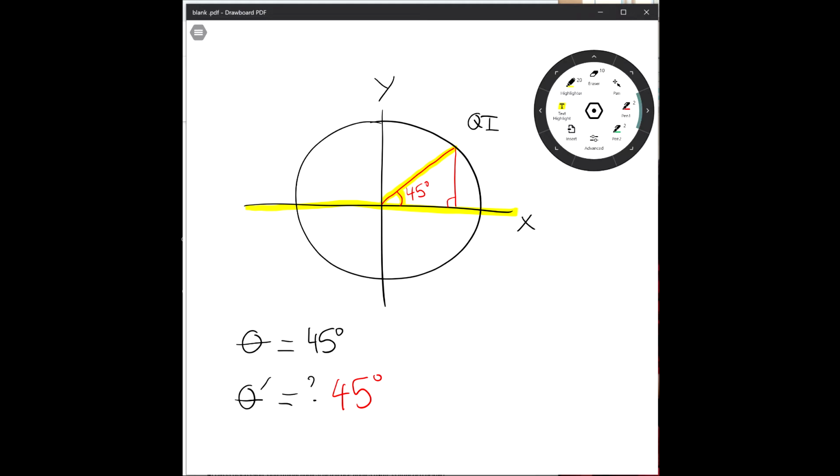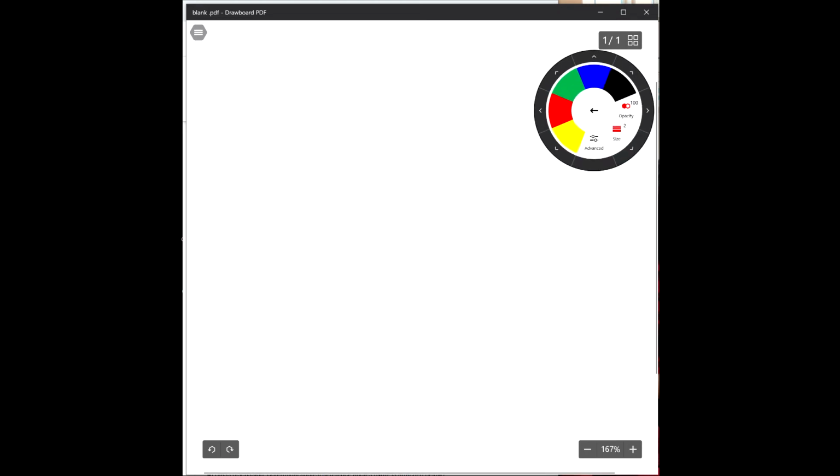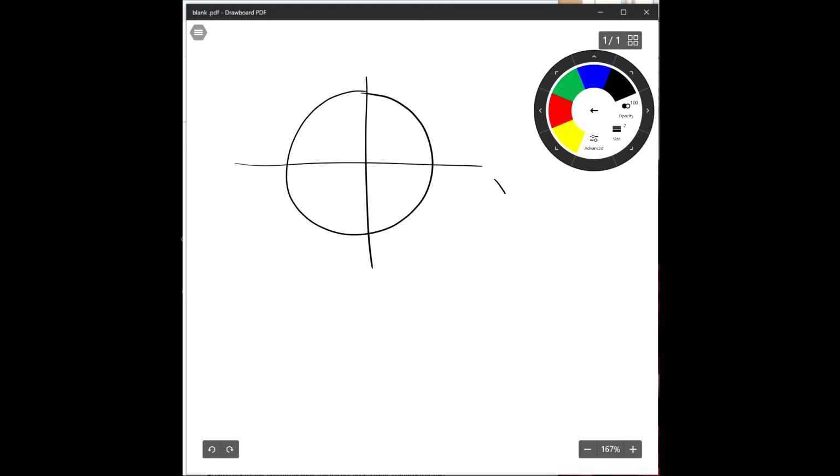Alright, we can move on to the next example. Let me give you an angle that lies in quadrant number 2. So let's redraw everything. Again, we draw the unit circle and label it with x and y.